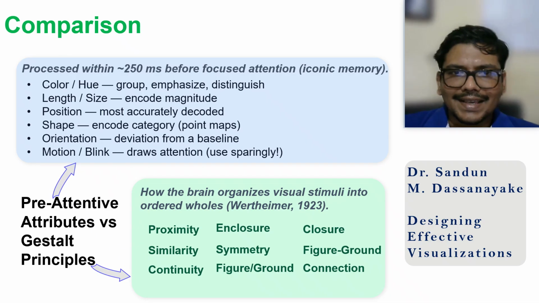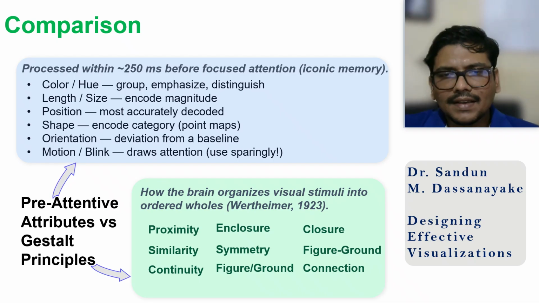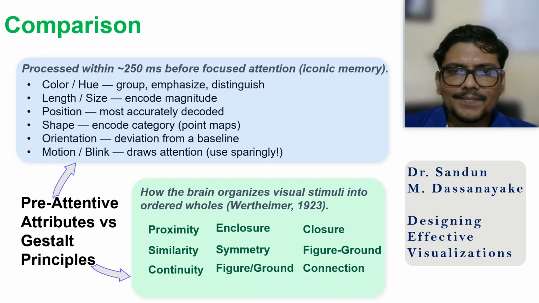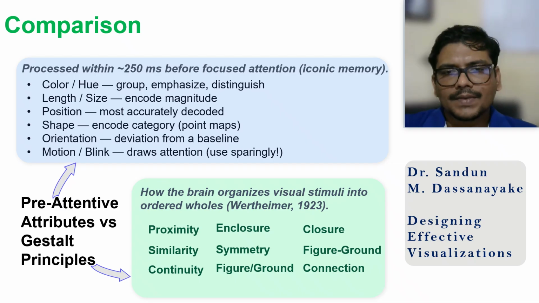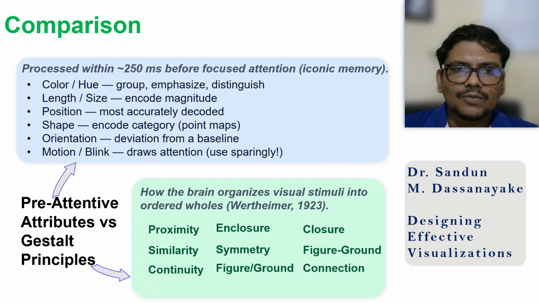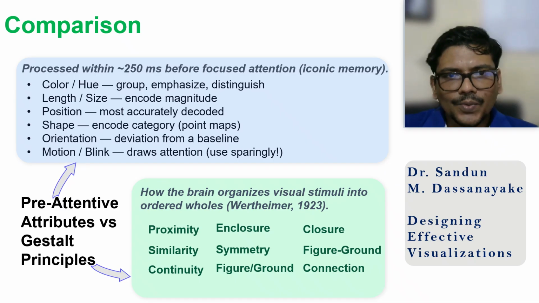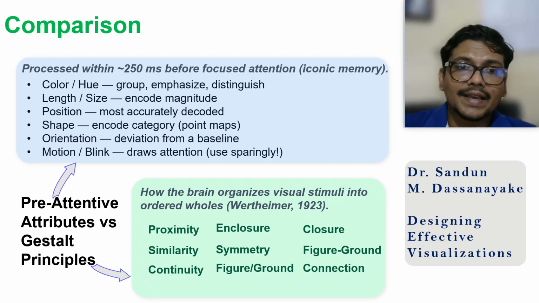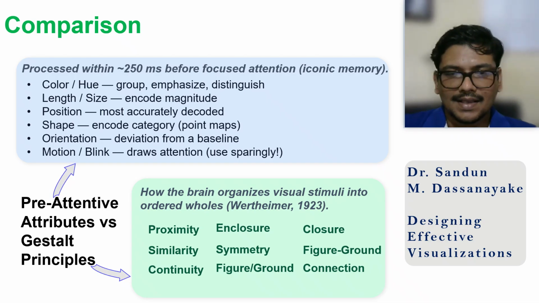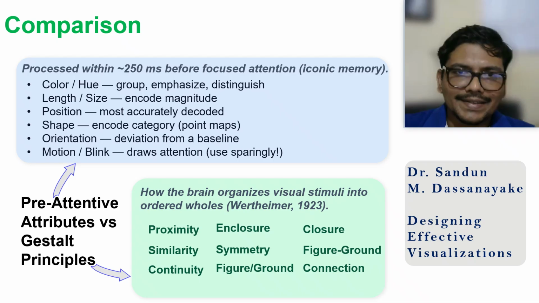Meanwhile, Gestalt principles help us understand how our minds group multiple marks together into a whole picture. One aspect addresses what do I notice first, while the other considers what do I see as related. When designing charts or dashboards, using both of these approaches together creates clearer, more engaging visuals.